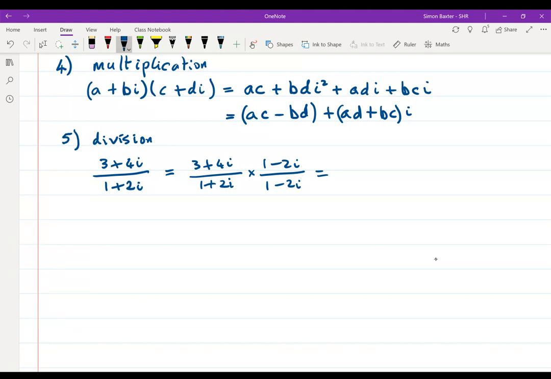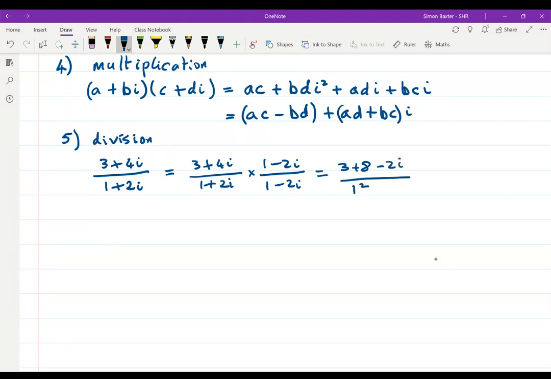times 1 minus 2i over 1 minus 2i. That is equal to 3, and then if we do 4i times minus 2i, we get plus 8. And then 4i times 1 is 4i, minus 2i times 3 is minus 6i, which is minus 2i.